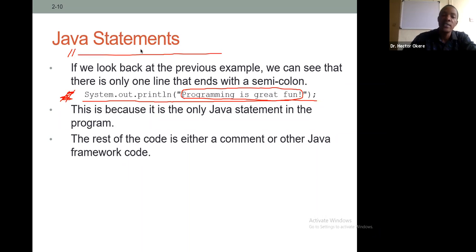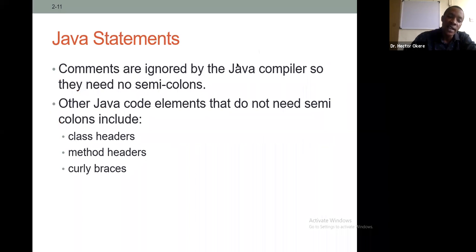Anything I write here, Java will ignore, skip. Comments are ignored by the Java compiler, so they do not need semicolon, okay? There's no rule to whatever you want to write inside a comment. You can write it in any language. You can write anything you want in a comment. It will be ignored, but a statement will be executed, okay?